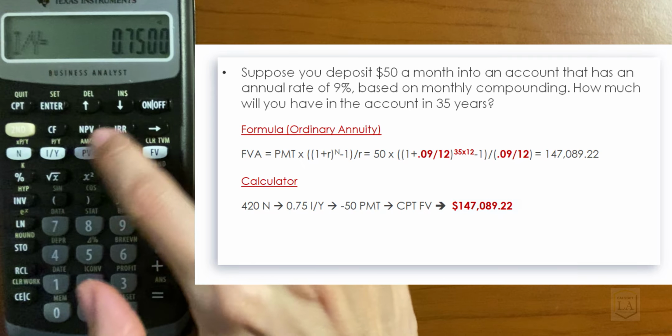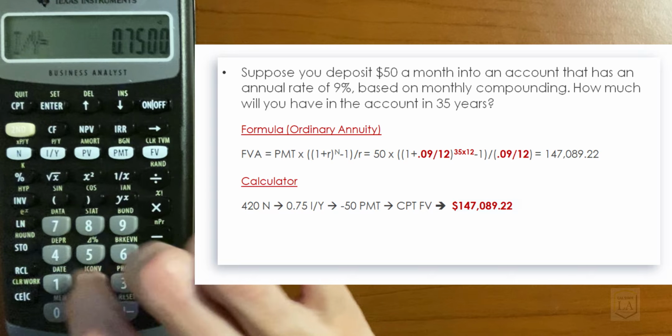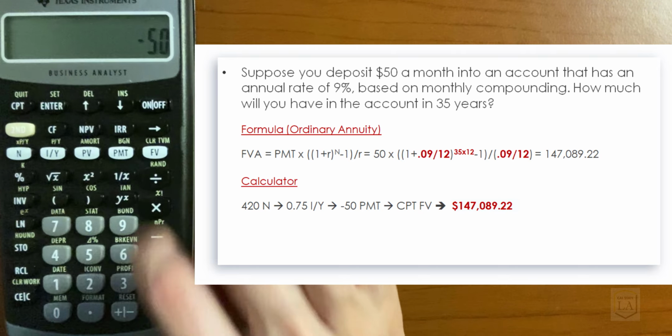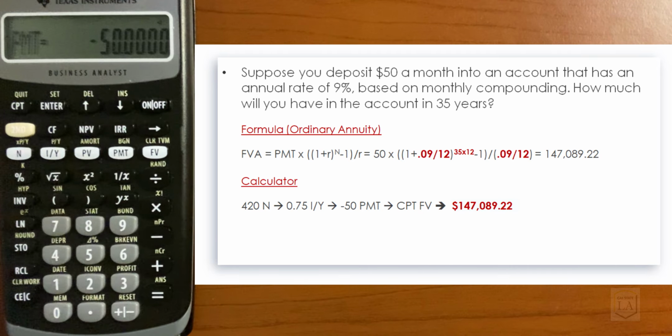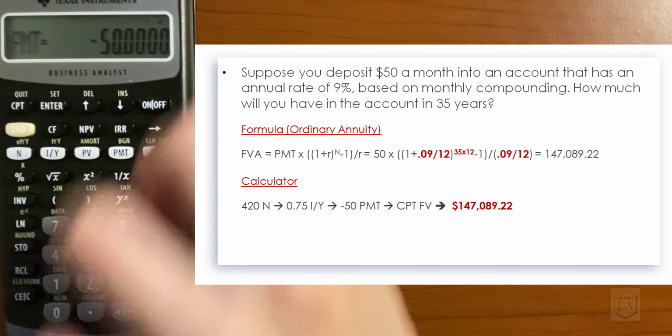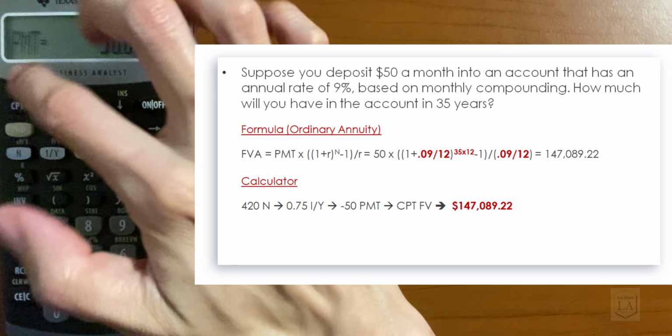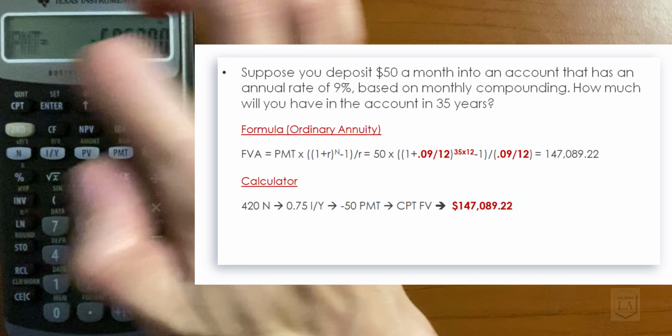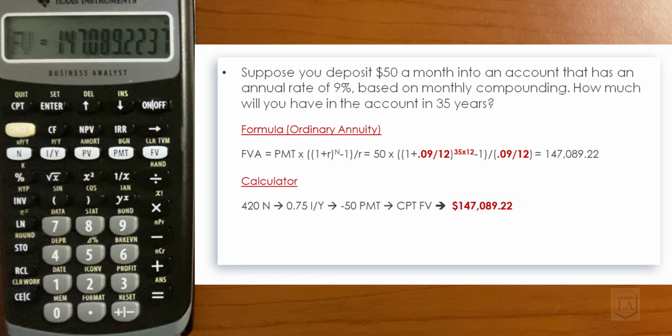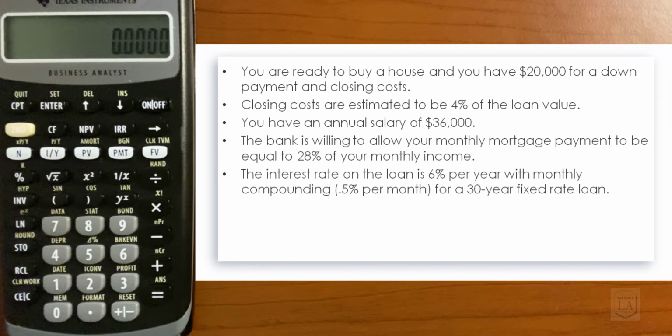The regular payment amount will be $50 every month. With all of these variables recorded, how much will you have in the end? You will get $147,089.22 after 35 years.